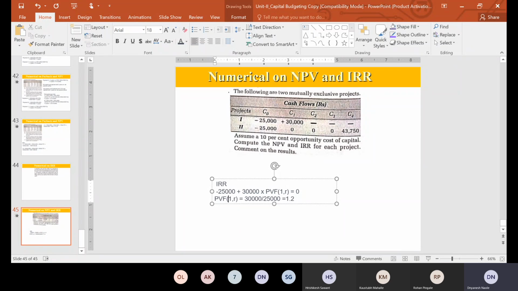So you can look into the tables of 10, 1.2. 1.2 तो है ही नहीं, present value factor for annuity, वन केस में है नहीं.